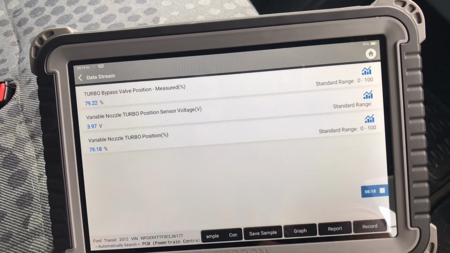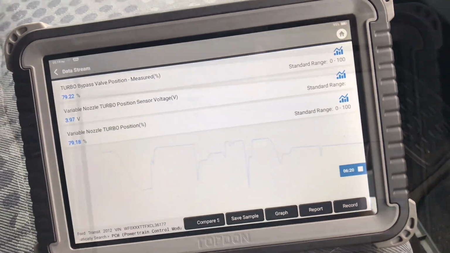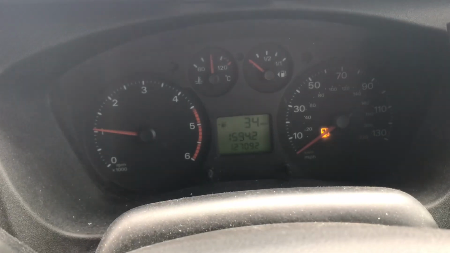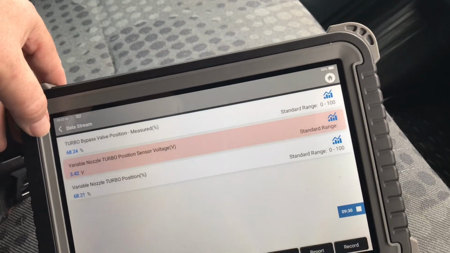Turbo's in 70%. Let's give it a run. It's actually, we're boosting, and I can feel it's boosting, and the lights never came back on, but we've got no diesel left, but never mind. Let's see what the rest of the data says.